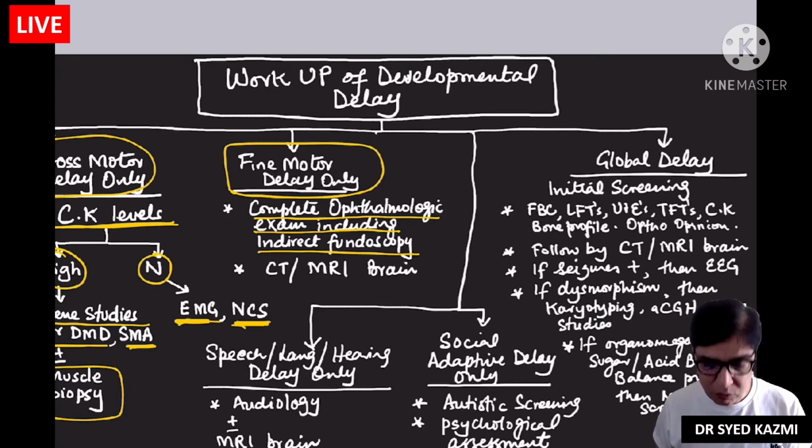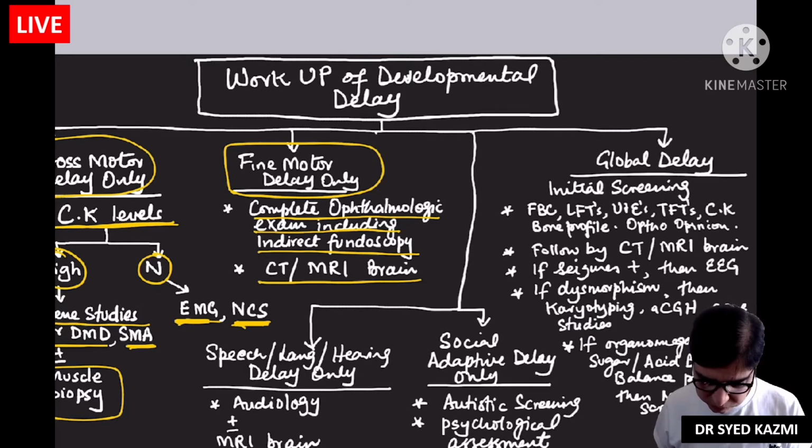And that can be followed by CT or MRI brain, because obviously if there are structural problems with the cerebellum, or some other issues like an old stroke or infarct, then the CT or MRI brain would be able to pick those things. So for fine motor domain delay only, the next step is what? Complete ophthalmological examination, followed by CT and MRI. MRI is preferable as compared to CT.